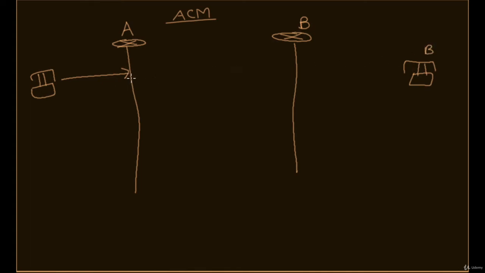Then at A's exchange, the IAM message will be sent to B's exchange. Now on receiving this message, B's exchange will send back the ACM message, that is the address complete message.